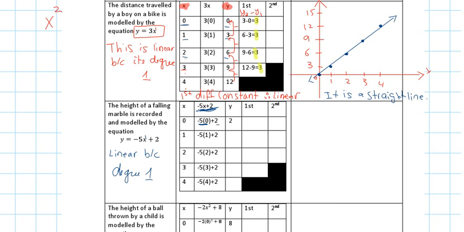How about the next one? What do I do? Negative 5 times 1. So that's negative 5. Add 2. Negative 3. Negative 5 times 2 is negative 10. Add 2. Negative 8.